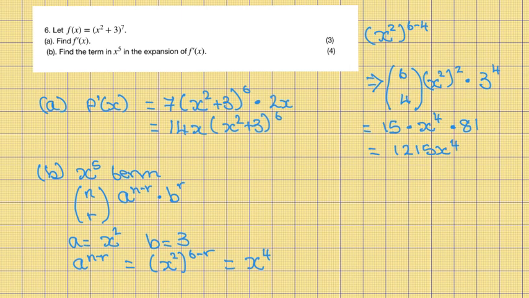Now to get the x to the power of 5 term, we have 14x times 1215 x to the power of 4. Therefore, we've got 17010 x to the power of 5.